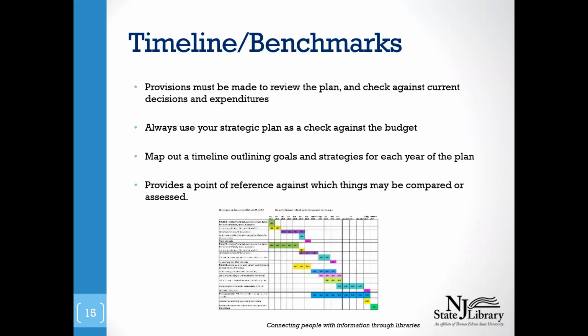And then most strategic plans, and you've been hearing me throw this 3-year number out at you, most of them run for 3 years these days. And that's primarily due to the technology changing so rapidly and the environment. But if you feel that this isn't enough time realistically for you, you can stretch it out to 5.